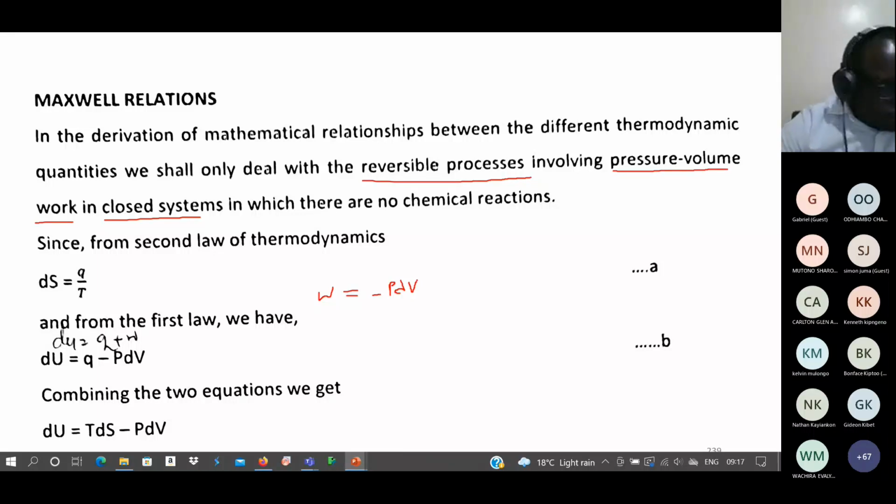So this expression becomes dU equals Q minus P dV for the first law.